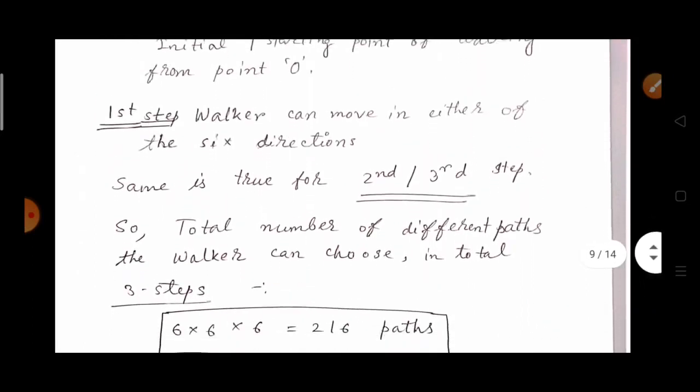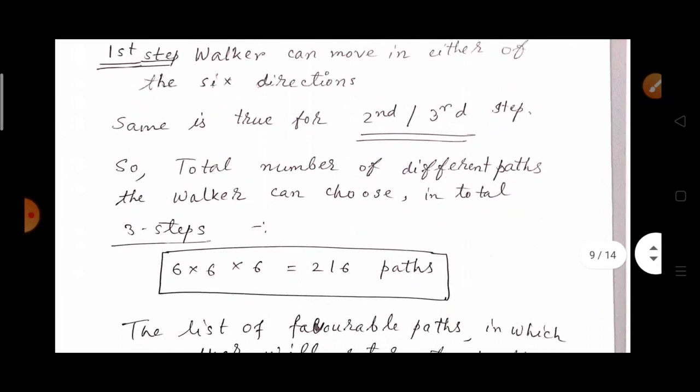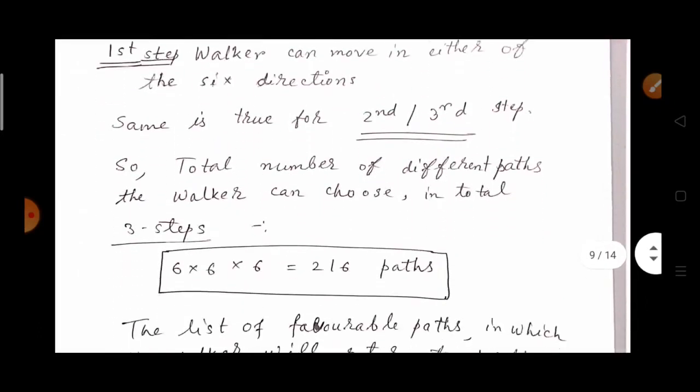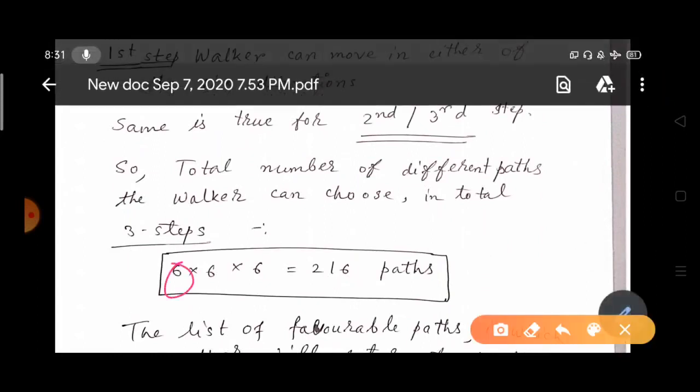Now the total number of different paths the worker can choose in 3 steps. For the first step, he or she can make 6 choices. For the second step, 6 choices. For the third step, 6 choices.